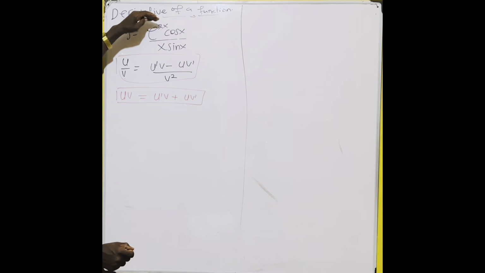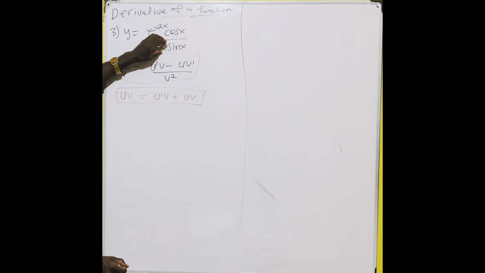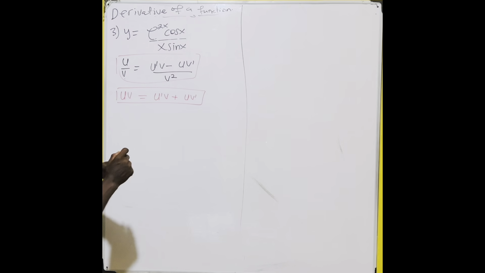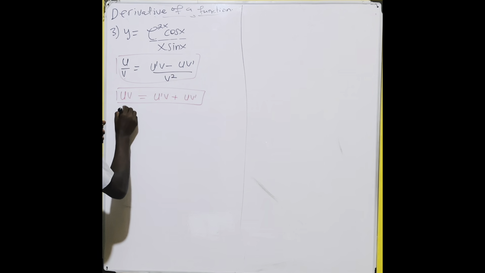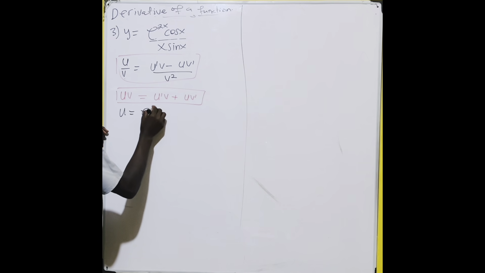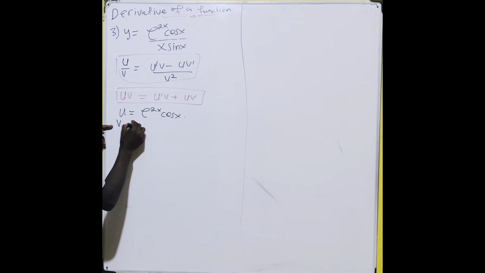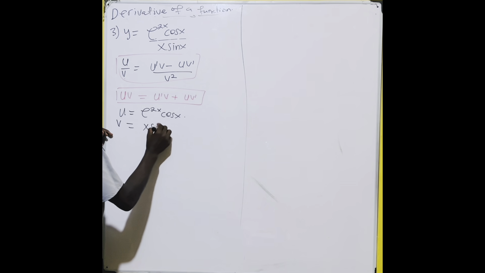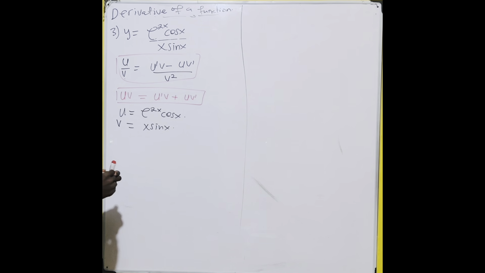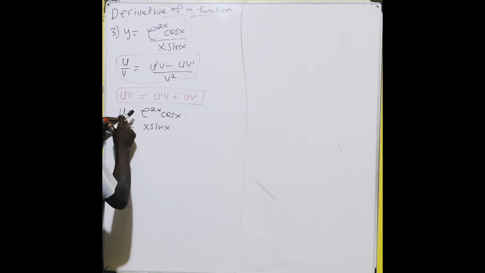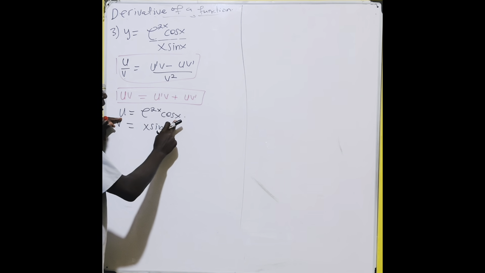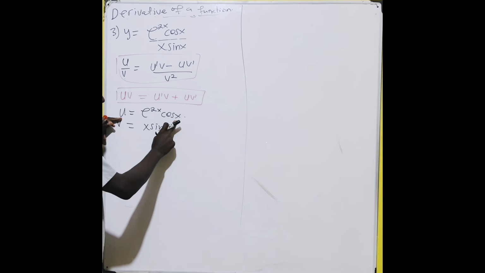So here we are going to apply the quotient rule, but we apply the product rule on the numerator and we apply the product rule on the denominator as well. So our u will be equal to e to the 2x cos x, and our v will be equal to x sine x.